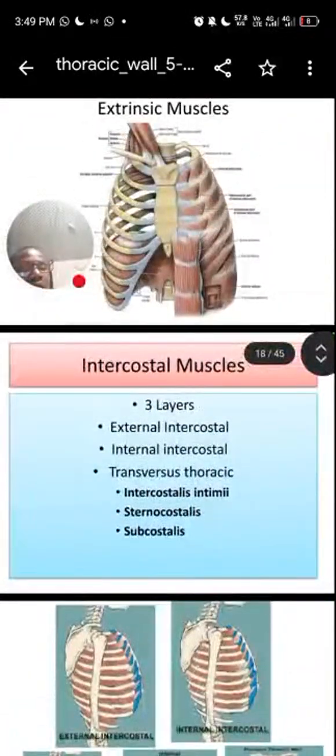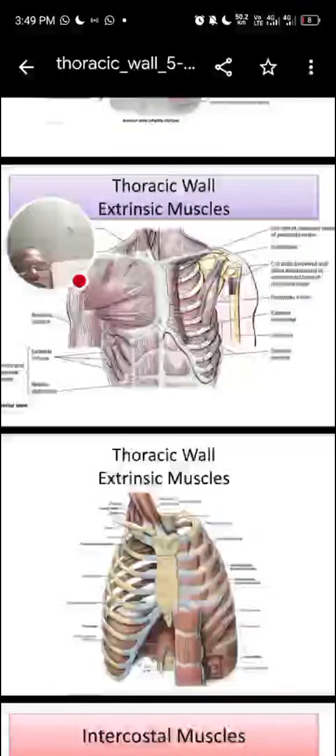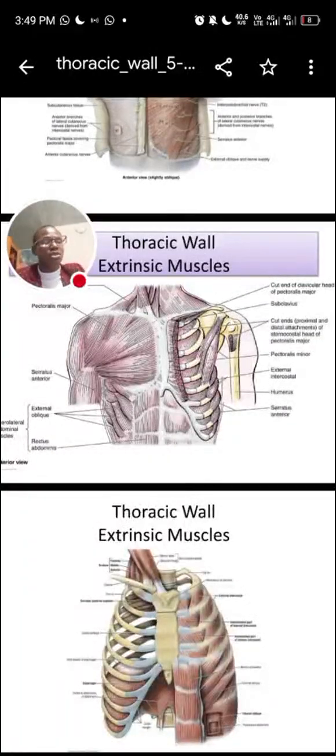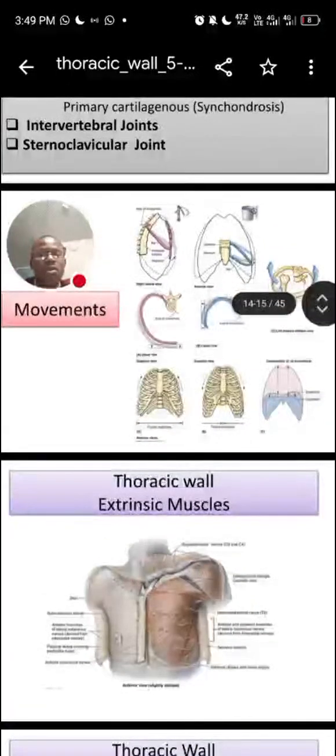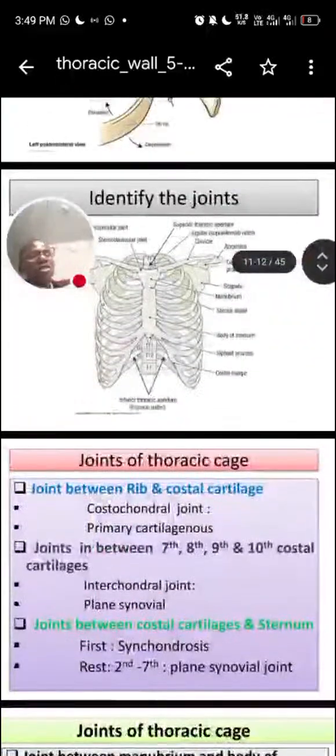We look at the intercostal muscles, and we look at the thoracic wall. Then what else will we look at? The thoracic wall will be extrinsic and intrinsic. So that's that.